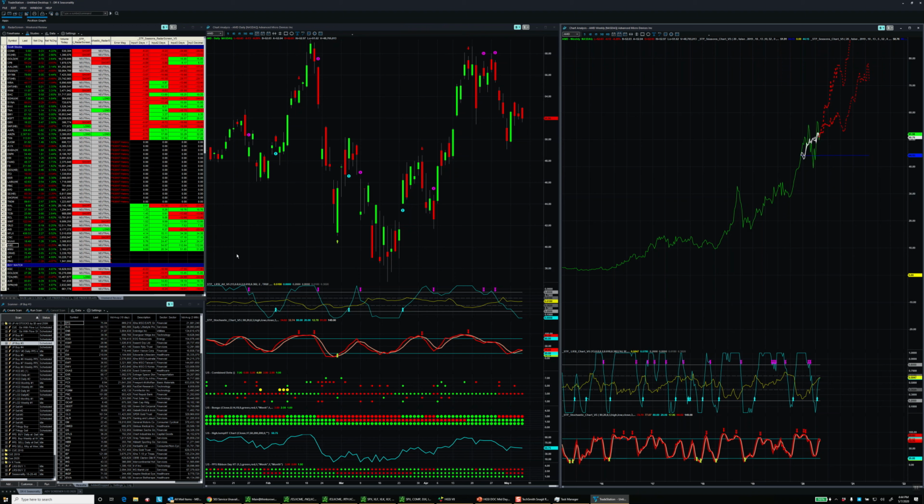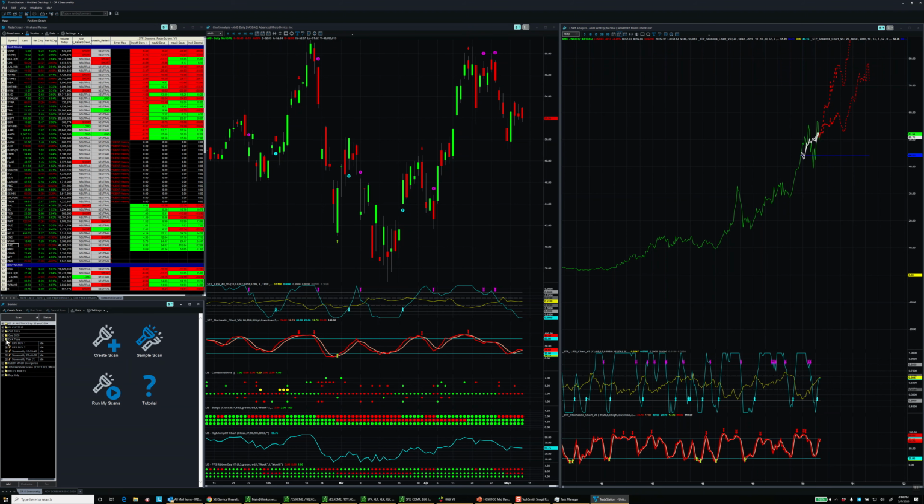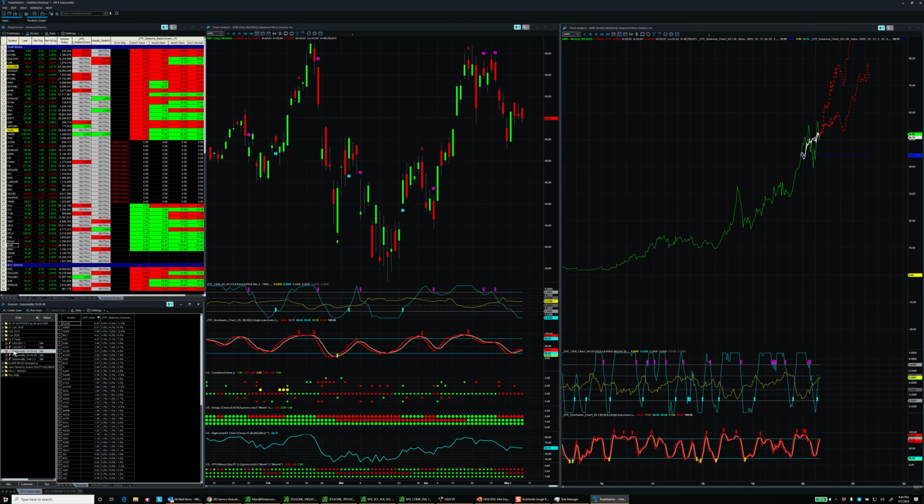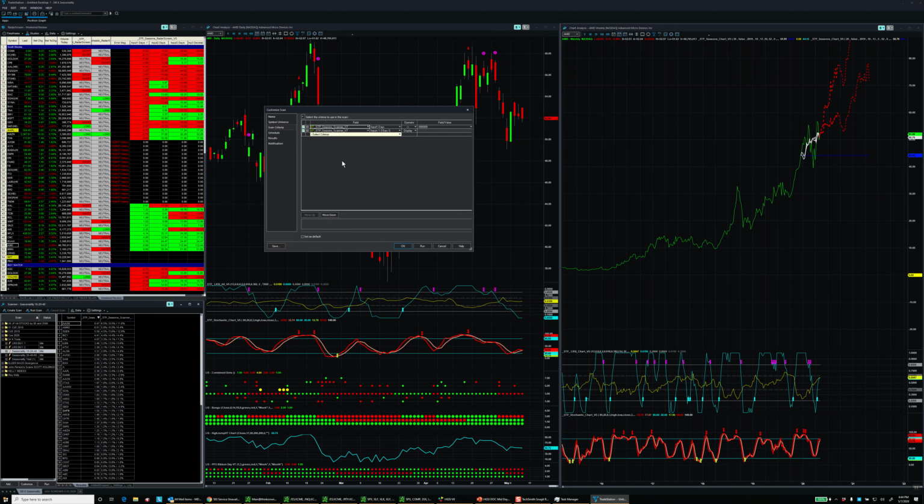The piece de resistance is this, the scanner, that I could scan for what stocks. Let's look at my edit scan. I'm looking for stocks that have positive seasonality. This is just how we find that.